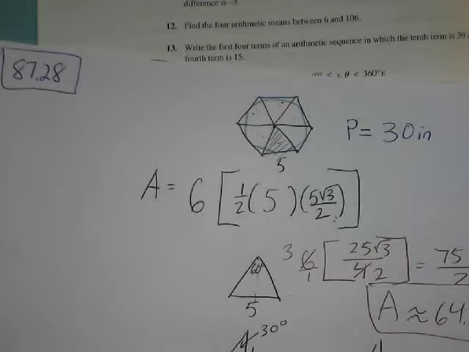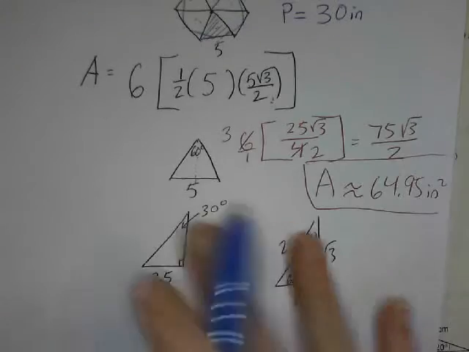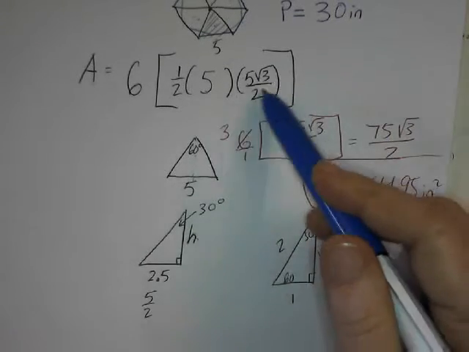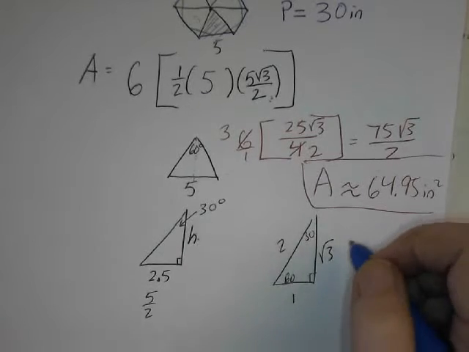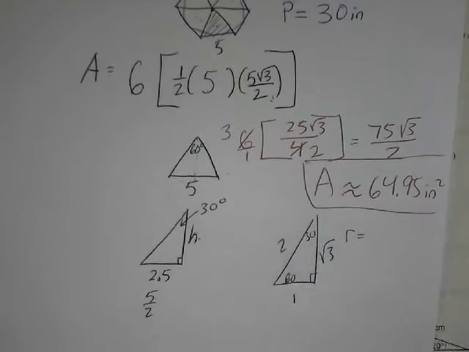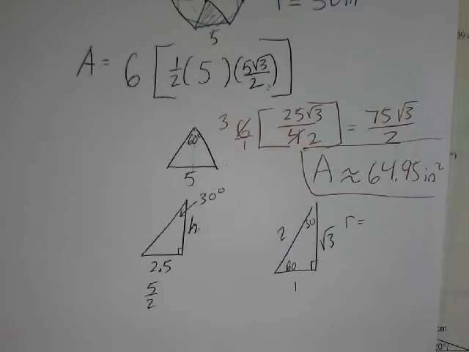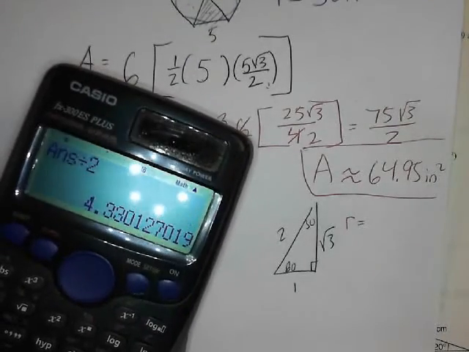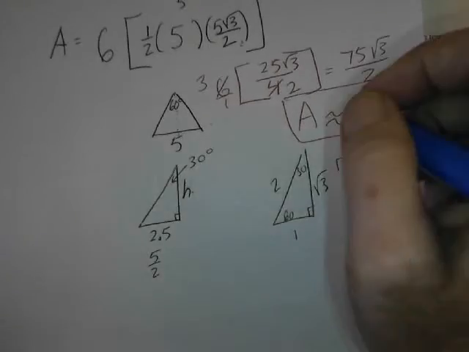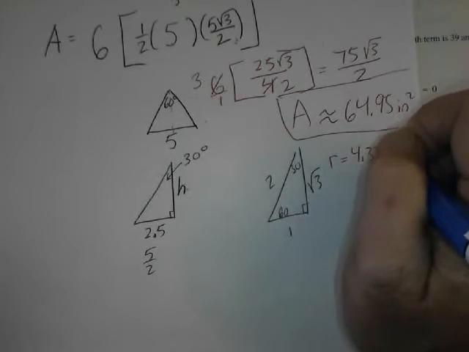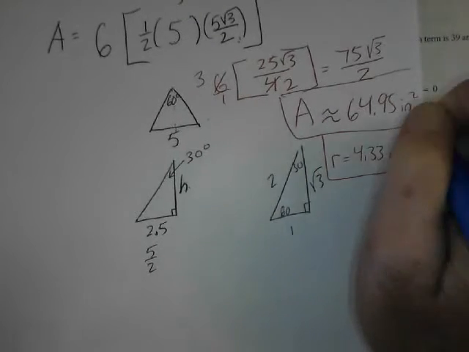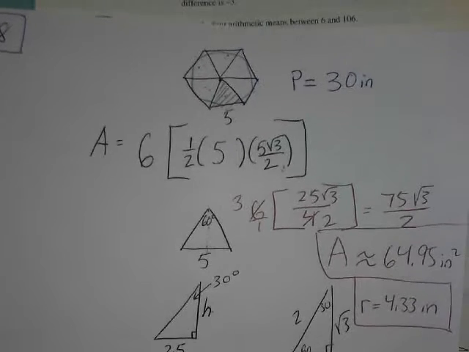Let's see if that matches. Yeah. So our radius, remember, was 5 root 3 over 2. I put that into my calculator and it was 4.33. Kind of messy, but that's how you do it.